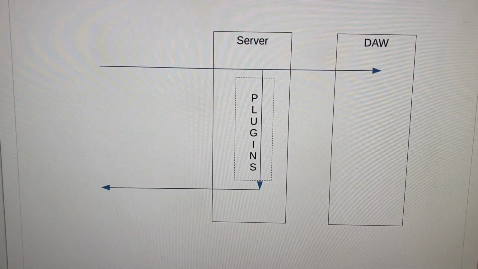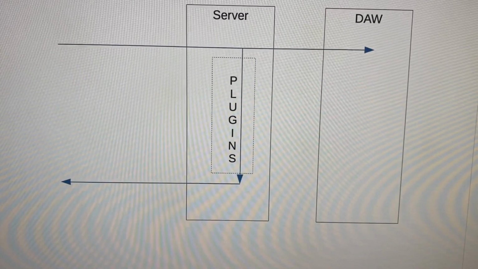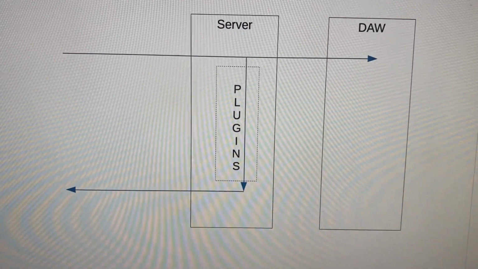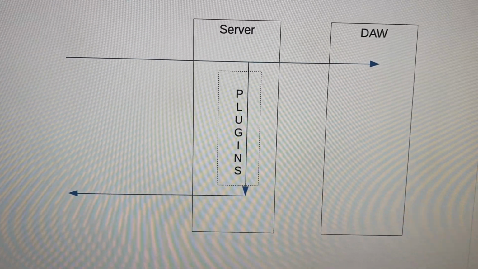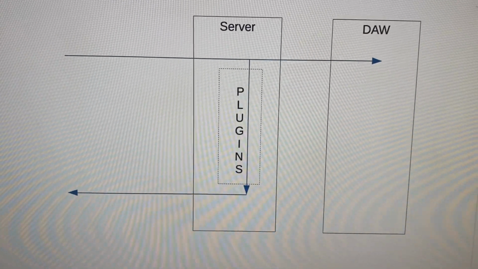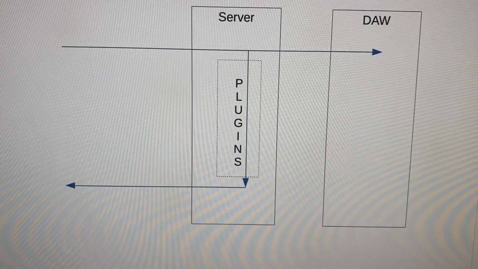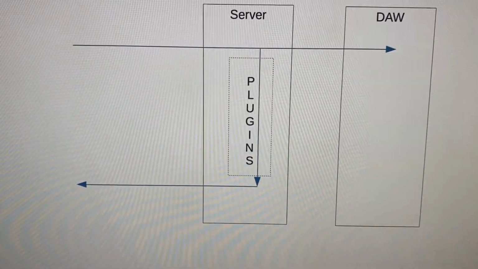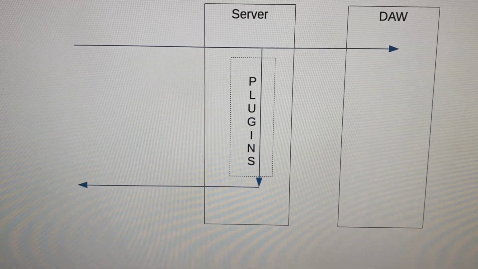The input signal will also be given to the DAW, but will be split within the system, within the SoundGrid system. The signal will go through the plugins on the server and directly out again. So this is why we have this very low latency, which is pretty good for recording and monitoring.